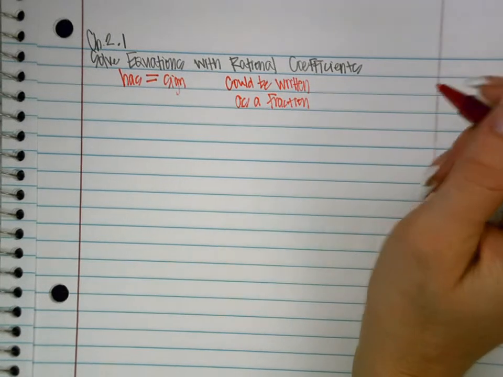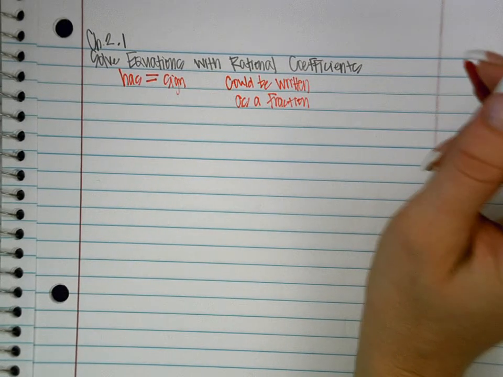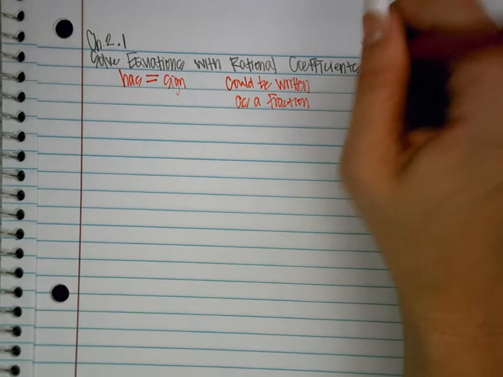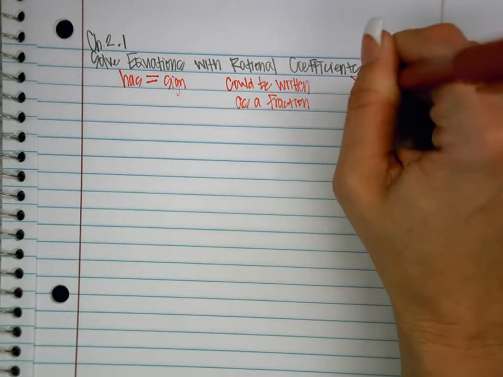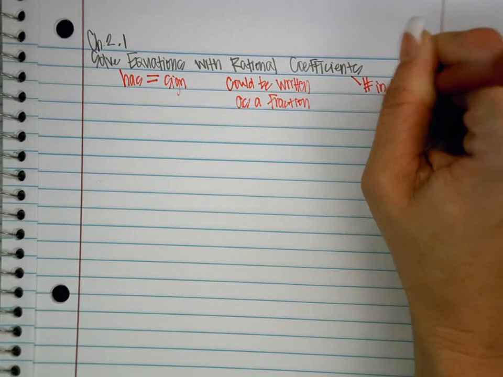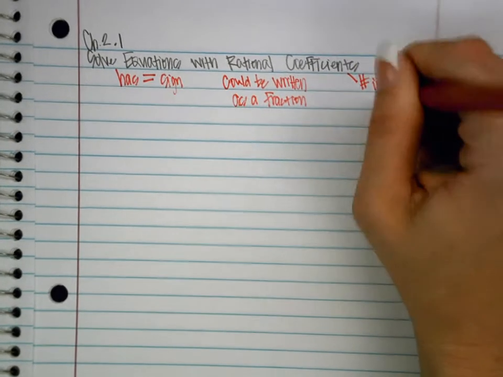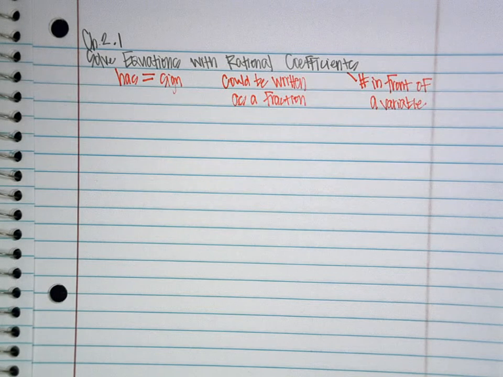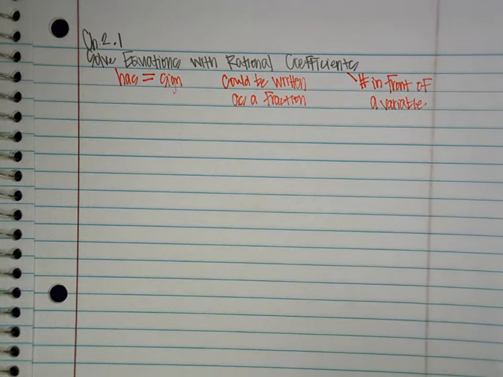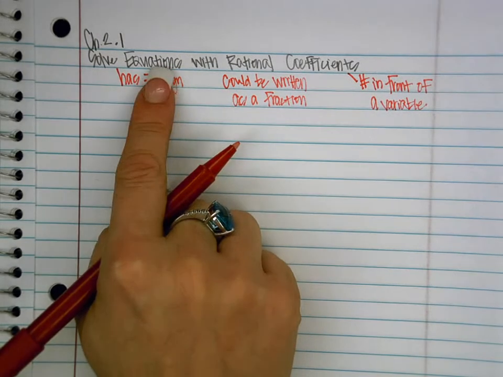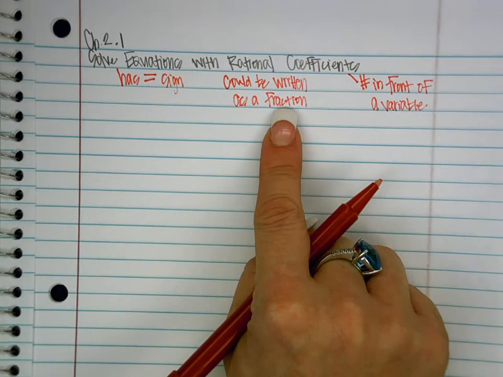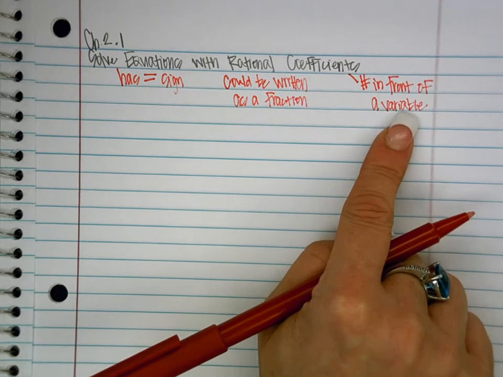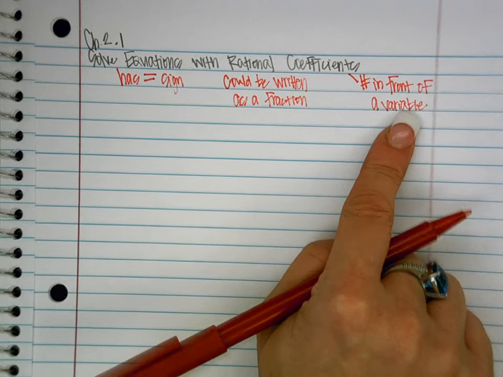A coefficient is just a number in front of a variable. So today we're going to be solving equations that have fractions or decimals in front of a variable. Basically, equations with fractions, or decimals.